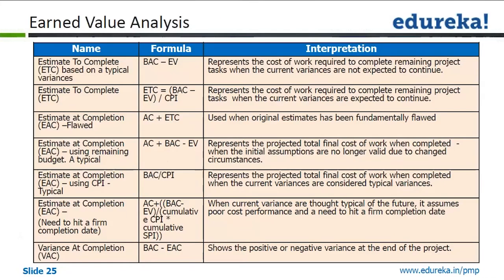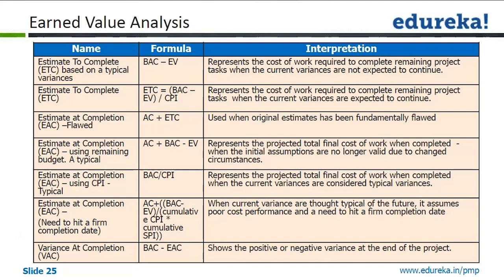Now, based on the current scenario, you have to decide or forecast what will happen in future. That means your estimate to complete. That means how much more money you will need to complete this project. So that is your BAC minus EV. Remember what was BAC? BAC was the total cost of the project.